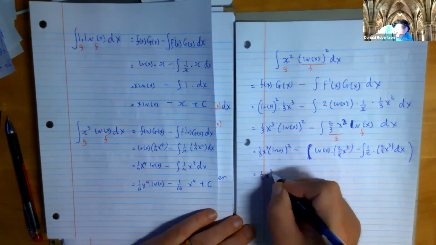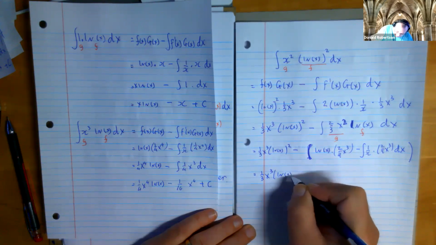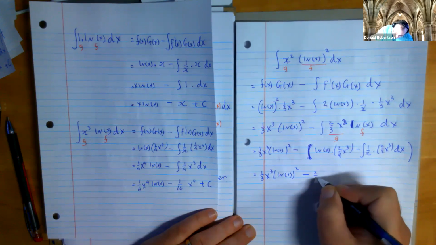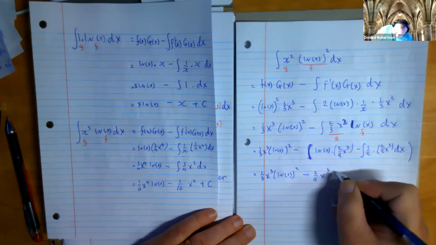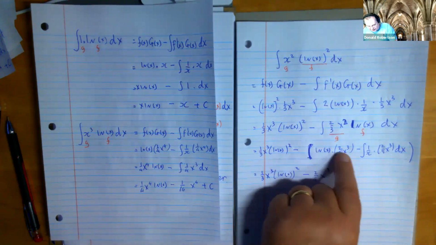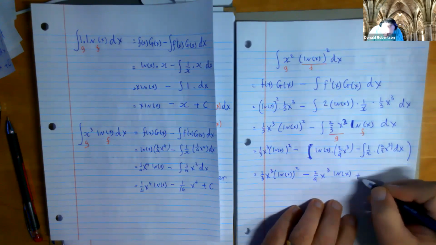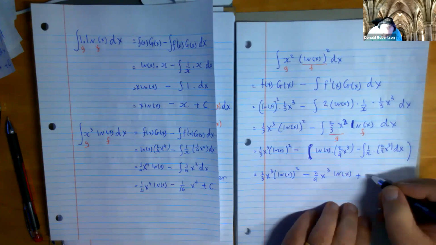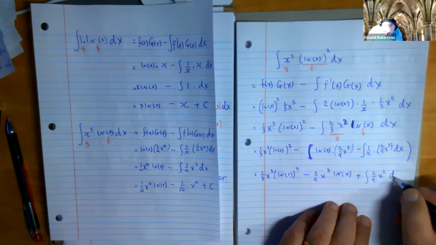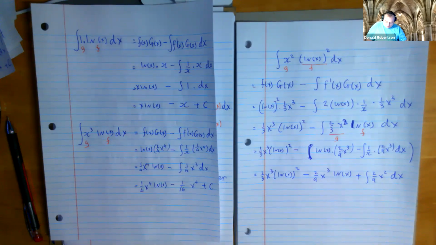1/3 x cubed natural log squared. Take away all of this, 2/9 x cubed natural log of x. Take away a negative makes this thing a plus. Cancel out an x, and you get 2/9 x squared dx. Whew.